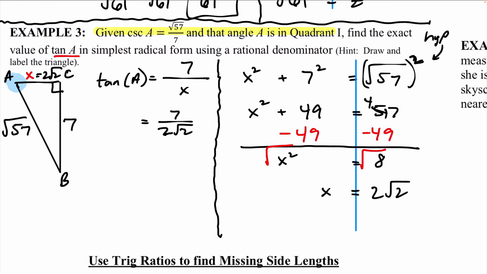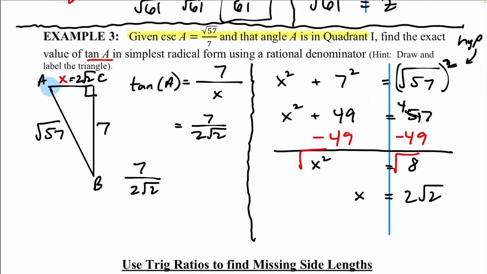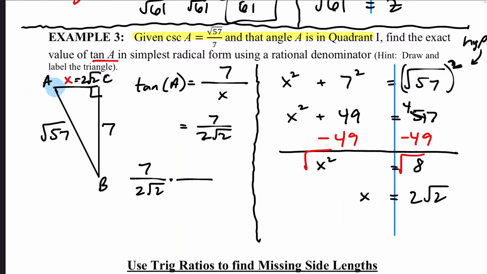Now, if that square root 2 wasn't there, you'd be done. But because the square root is down there, I have to do what I did the last time, right? So 7, 2 square root 2. Now, you don't have to multiply by the 2, just the square root of 2.